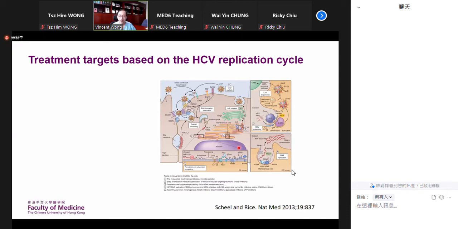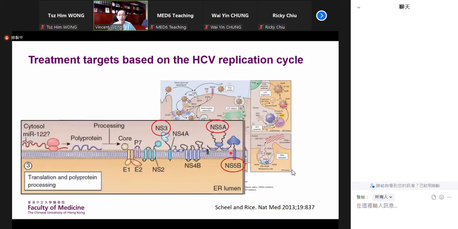You obviously don't need to know the details, but this is just to tell you that there are 3 sites that are particularly important in terms of viral replication. Now, NS represents non-structural protein. So the NS3 and NS4A complex would be the protease.